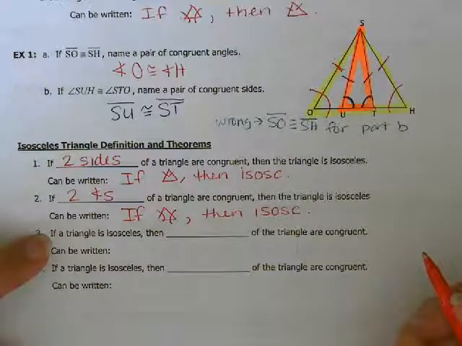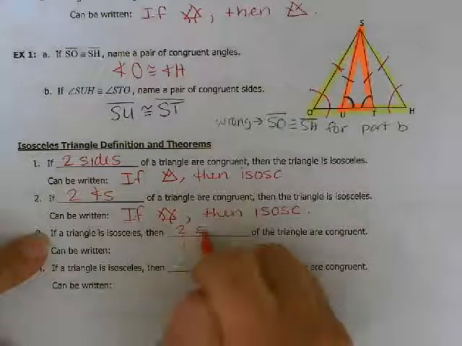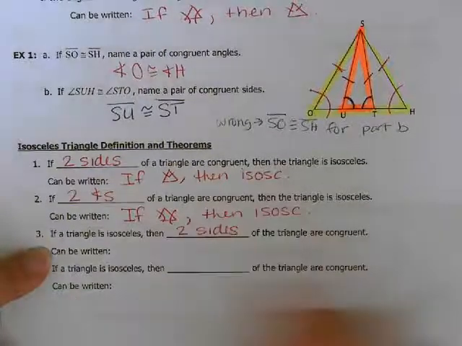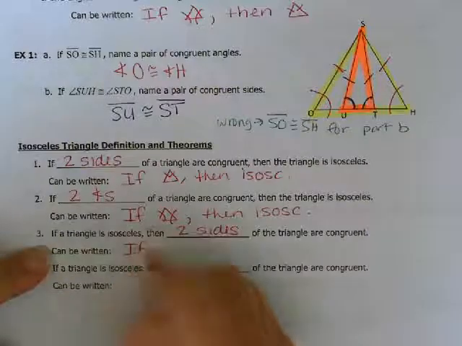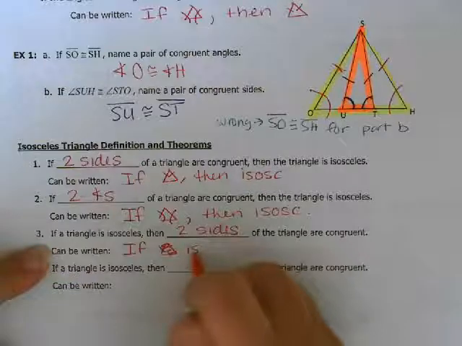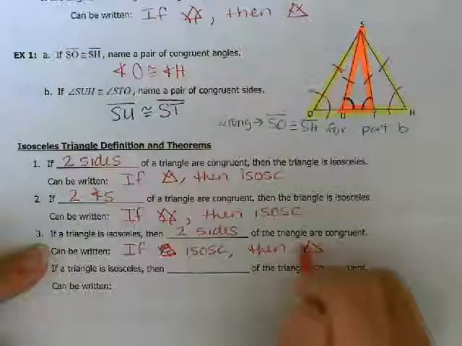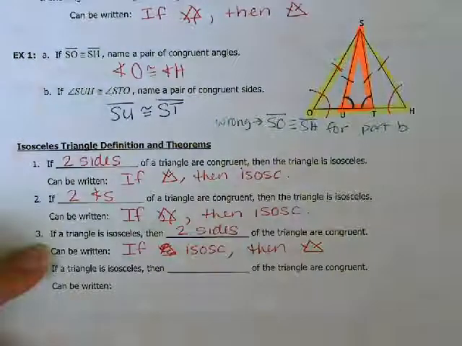Third, if a triangle is isosceles, then two sides of the triangle are congruent, which we can write as, if isosceles, then two sides are congruent.